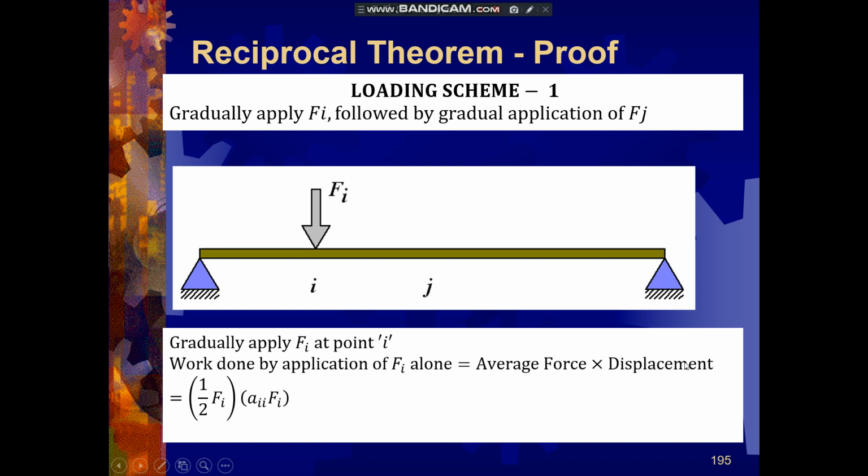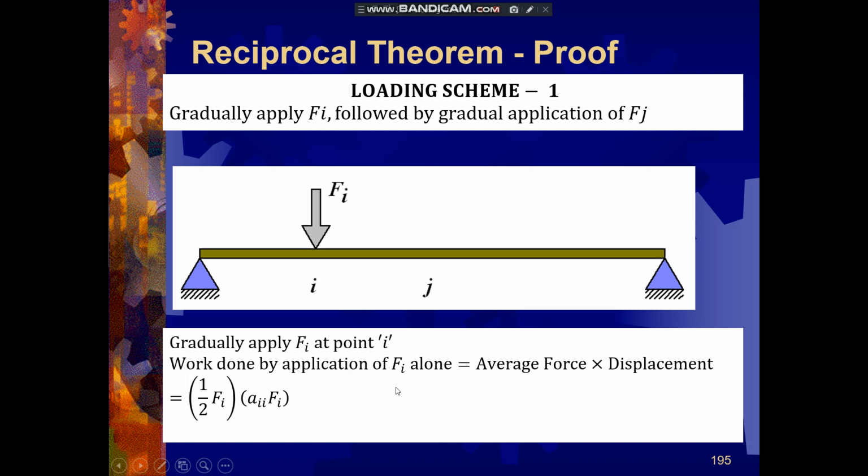The net displacement here is going to be the magnitude of force multiplied by the direct influence coefficient Aii corresponding to location I, and the average force, because the force commenced from 0 and then reached the final magnitude Fi, is half of Fi. So the total work done becomes half of Fi into Aii into Fi.